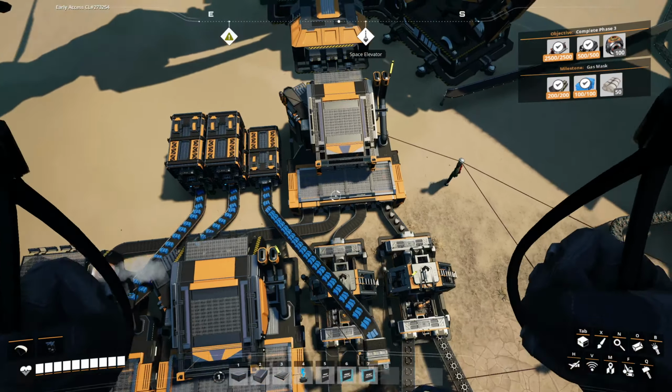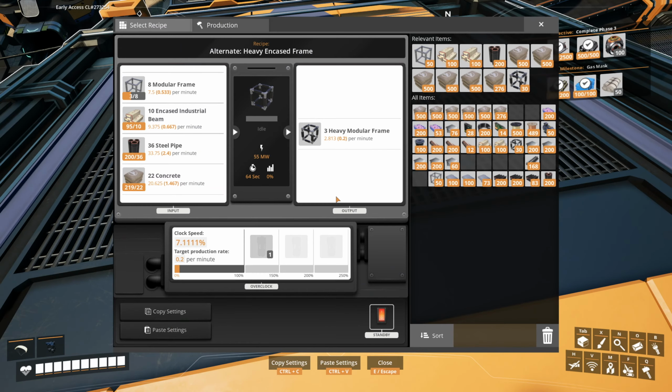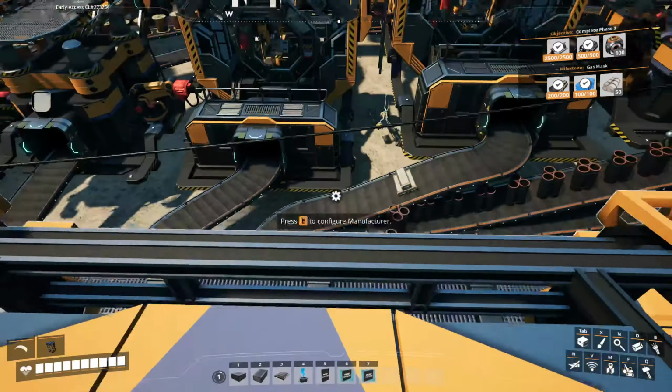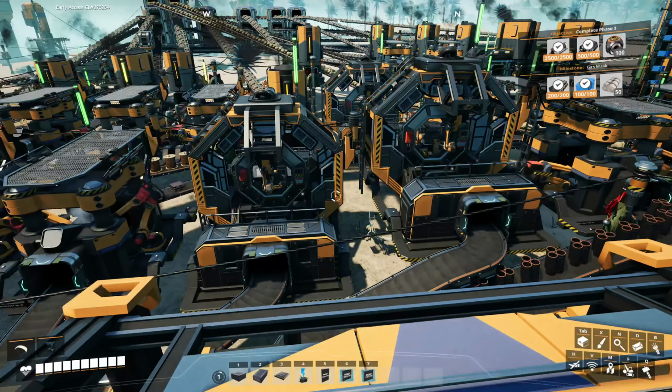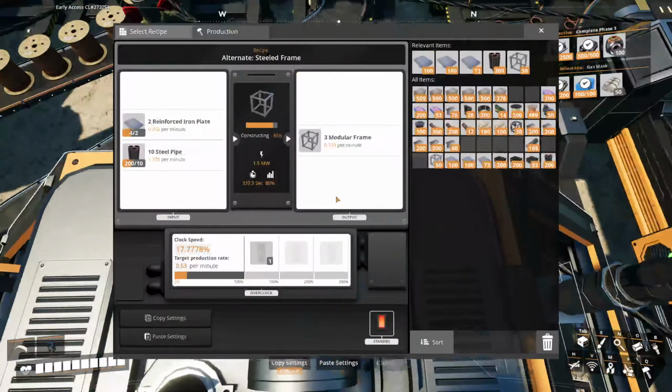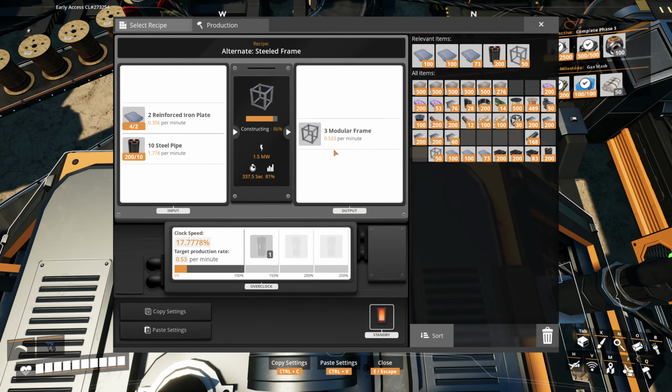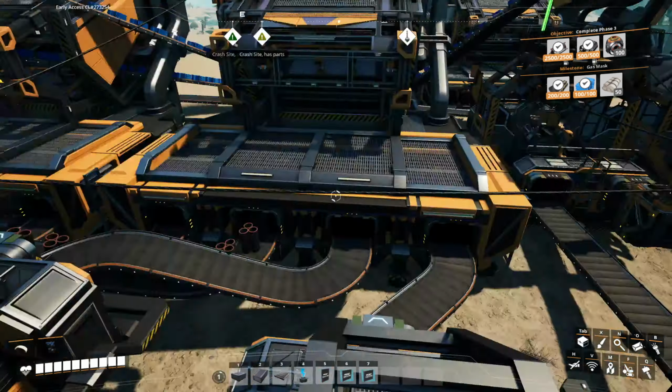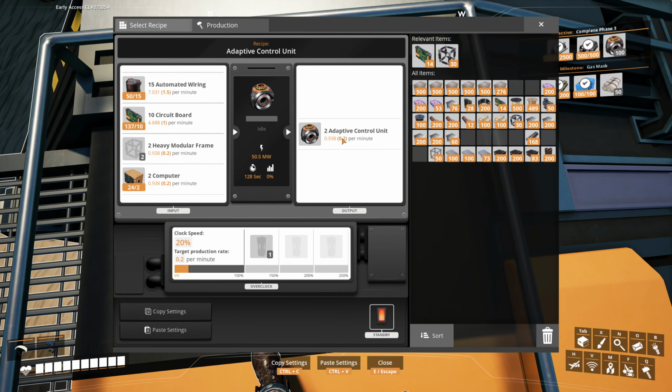Yeah, it's the heavy modular frame still. Right, so that is actually slowly making stuff. It's just at a rate of half a minute. So once this actually fires up, it'll be doing one every 5 minutes.